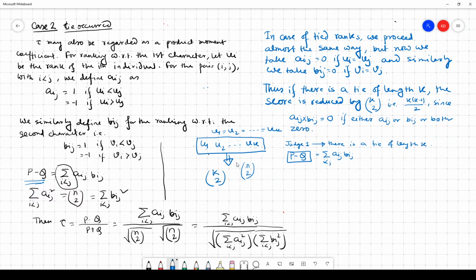Now the problem is this nC2. This nC2 means the summation of aij square, i less than j.